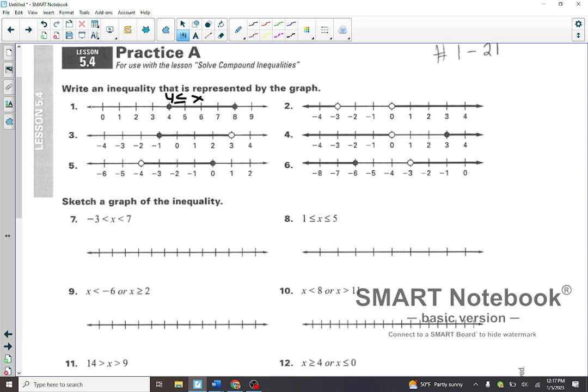That x is smaller than or equal to, because it's a closed circle, 8. So 4 is smaller than or equal to x, which itself is smaller than or equal to 8, AKA saying the number is between 4 and 8.